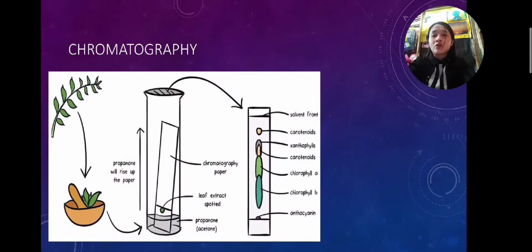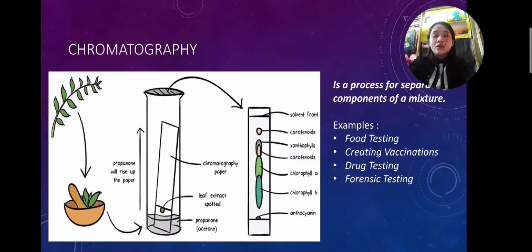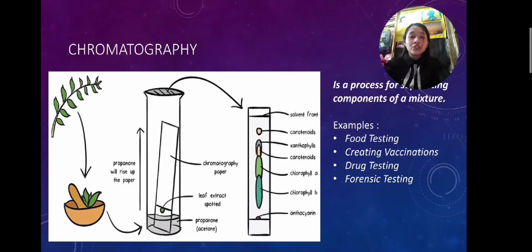So another in physical change, we can encounter also chromatography. What is chromatography? It has a glass container with a sample inside. So chromatography is a process of separating components of mixtures. An example is food testing. According to Google, its examples include food testing, where they examine the food if it has chemicals that can poison people.